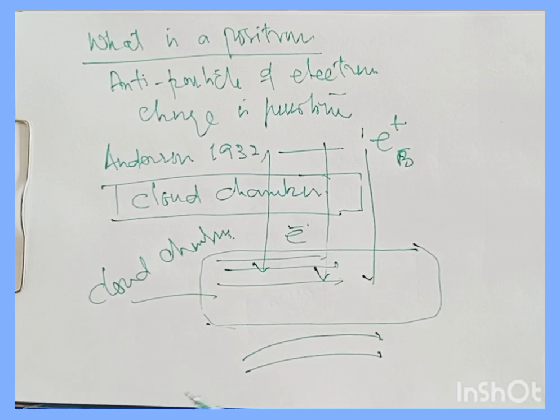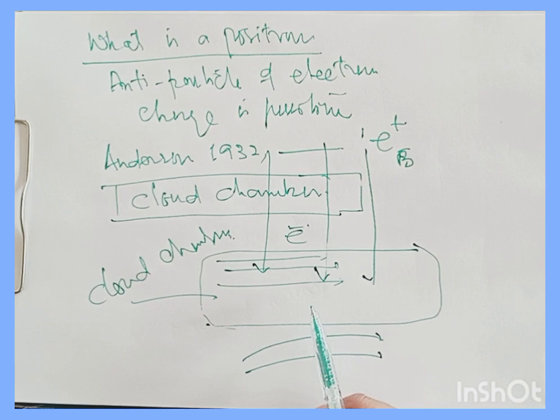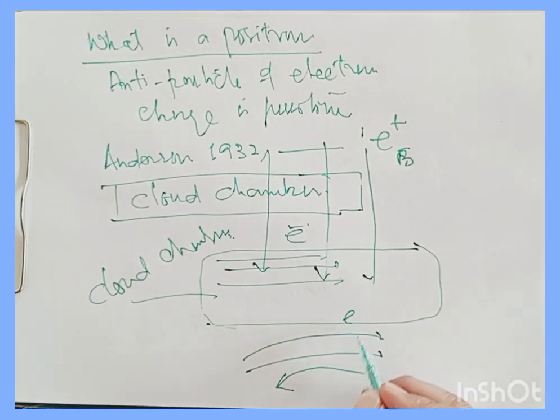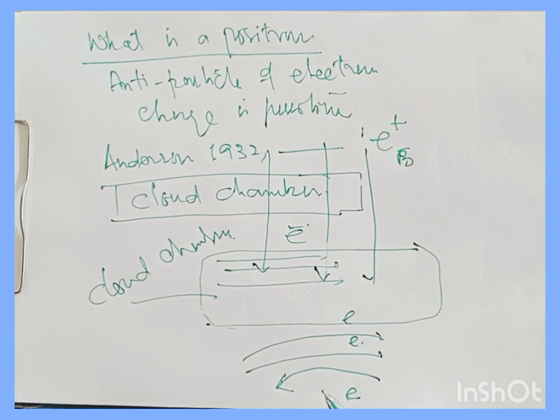What was found was that the majority of the particles produced were negatively charged, but occasionally a particle was found whose curvature was opposite to that of electrons. This could either be an electron moving in the opposite direction, or a particle moving in the same direction but having a positive charge.